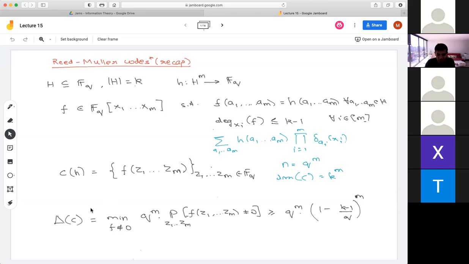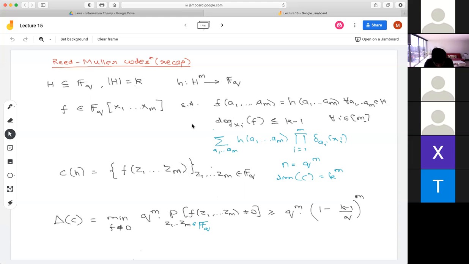And we computed the distance of this code, which was related to the probability that a polynomial is not equal to 0 when evaluated on a random collection of inputs from the field. In particular, this is the case where we had bounds on individual degrees, which we know are at most k minus 1 here. And then we saw that this gave a bound on the fraction of points at which it is non-zero.